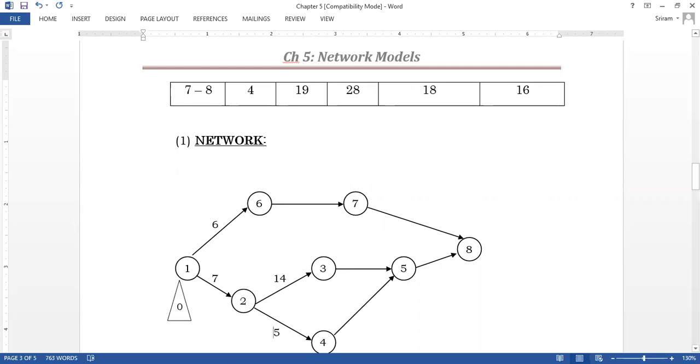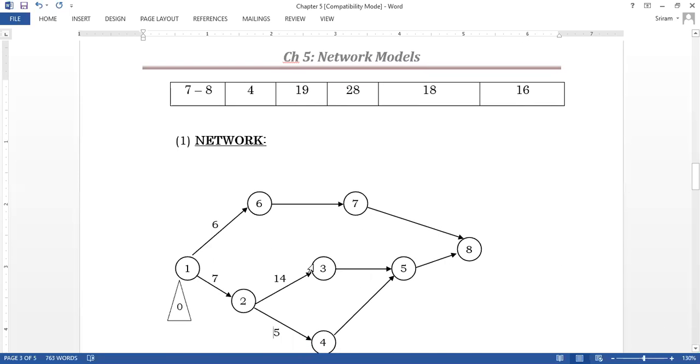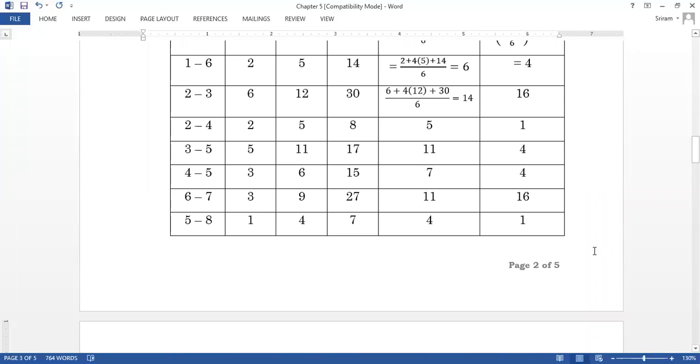Then the next one, 3 to 5 is 11 and 4 to 5 is 7. I am going to take the corresponding expected time.